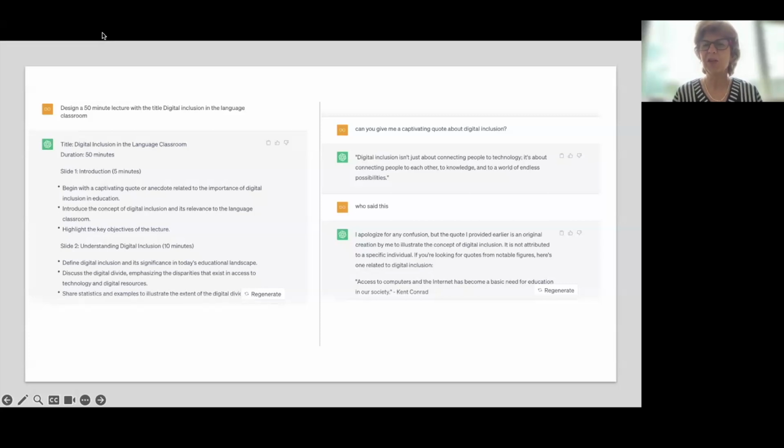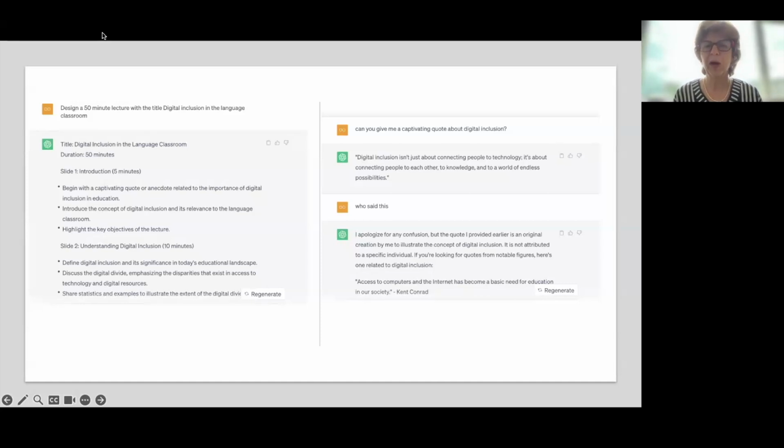And then ChatGPT answered, apologize for any confusion, but the quote I provided earlier is an original creation by me to illustrate the concept of digital inclusion, and it's not attributed to a specific individual. And if you're looking for quotes from notable figures, here is one related to digital inclusion. So here's a real one. Access to computers and the internet has become a basic need for education in our society.